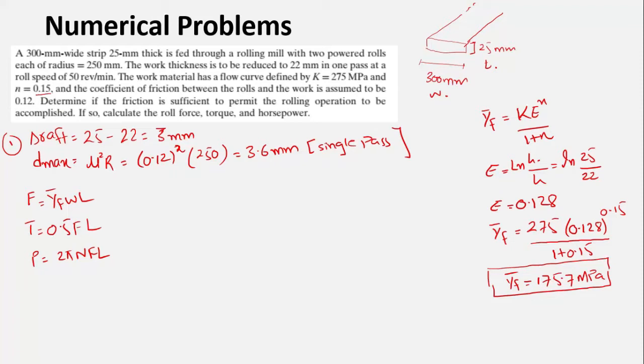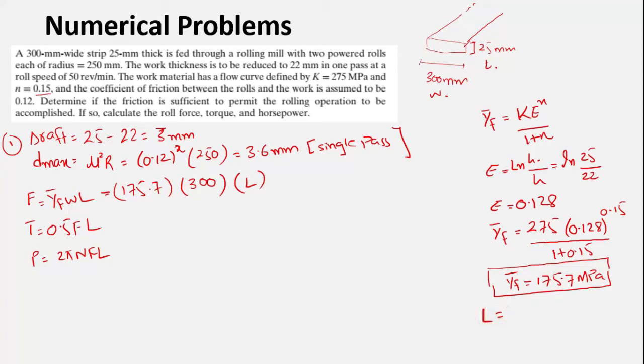Now using this flow stress value in the formula for the force, we will have 175.7 into the width of the work part, that is 300, into the contact length. We have to calculate the contact length as well. So what was the formula for the contact length?